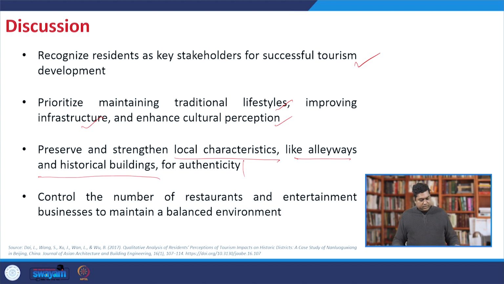Also, the authors suggested controlling the number of restaurant and entertainment businesses to maintain a balance with the environment. What happens is that whenever some area is witnessing development in the tourism sector, so many commercial setups will come up and they try to make a profit.